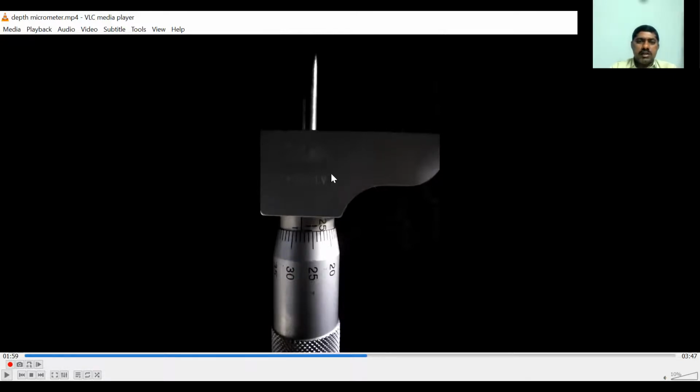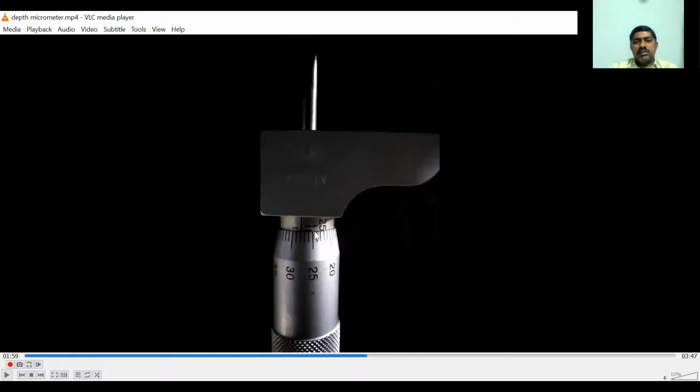So let us repeat again. This rod length is 75 mm when the thimble reading is 0 exactly at the 25 mm. But it is rotated backward. How much has it rotated back? This is 0.5 mm, this is 1 mm, and the thimble reading is the 28th division.